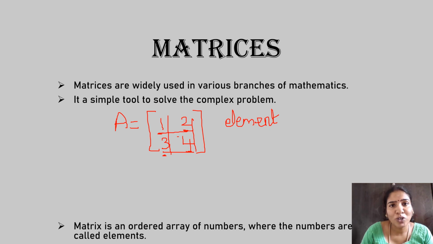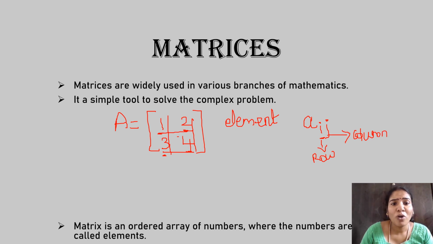So how to represent the element position? It is small a with a subscript ij, where i represents the row and j represents the column.